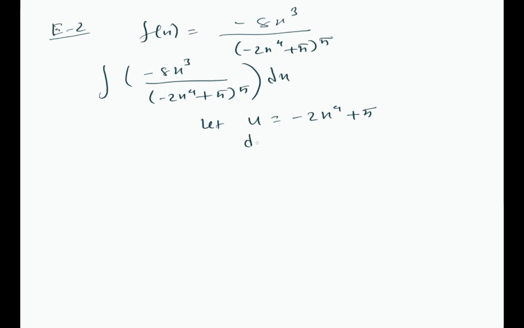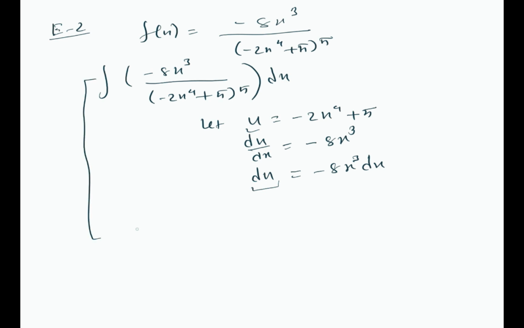So the derivative of u with respect to x would be -2 times 4, which is -8, x to the power 4 minus 1, which is 3. Therefore du is equal to -8x^3 dx. So now we have u, we have our du. Now we can relate our integral. So the integral of, see this part is du.